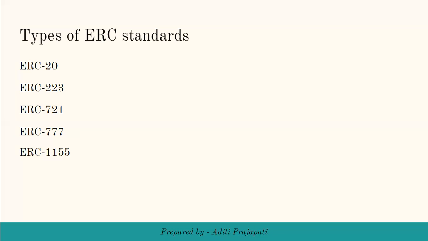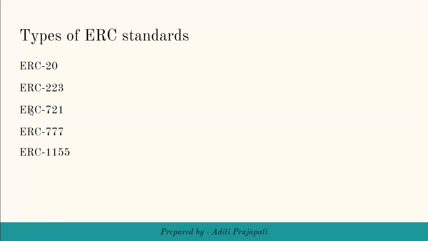Last but not the least, we have ERC1155. It allows for more efficient trades and bundling of transactions, thus saving cost. This token standard allows for creating both utility tokens and non-fungible tokens. These are certain types of ERC standards.